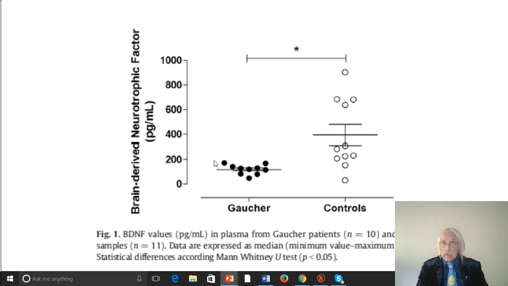You get a greatly reduced level, even though there's a lot of variation around the standard deviation compared to controls, okay? And it's tightly packed, so you can see there's just an overall decrease in BDNF. Why is that important? BDNF is really important for neuronal maintenance, okay? BDNF is important when you have neural damage, neural tissue turnover.